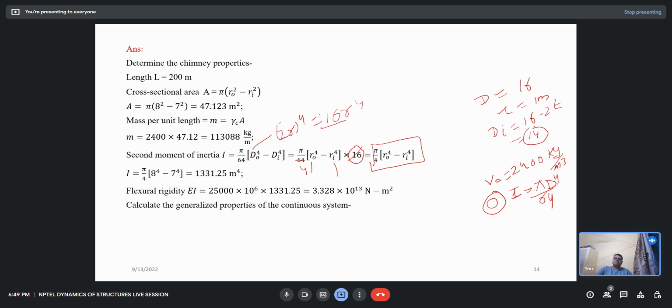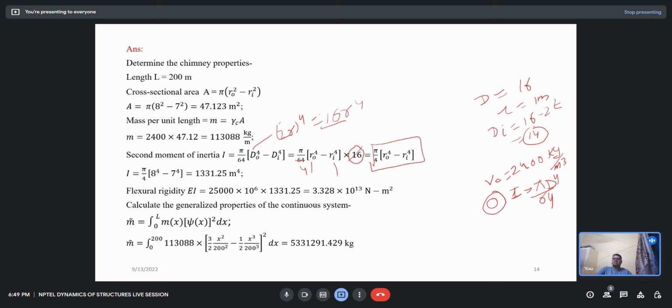Now calculate the generalized properties of the continuous system. For the generalized properties, meaning the M generalized, K generalized, and the load factor, gamma. These three are the properties. First, M generalized is the integral 0 to L of m(x) psi(x) whole square dx. The shape function is given to you as 3 by 2 x square by L square minus 1 by 2 x cube by L cube.